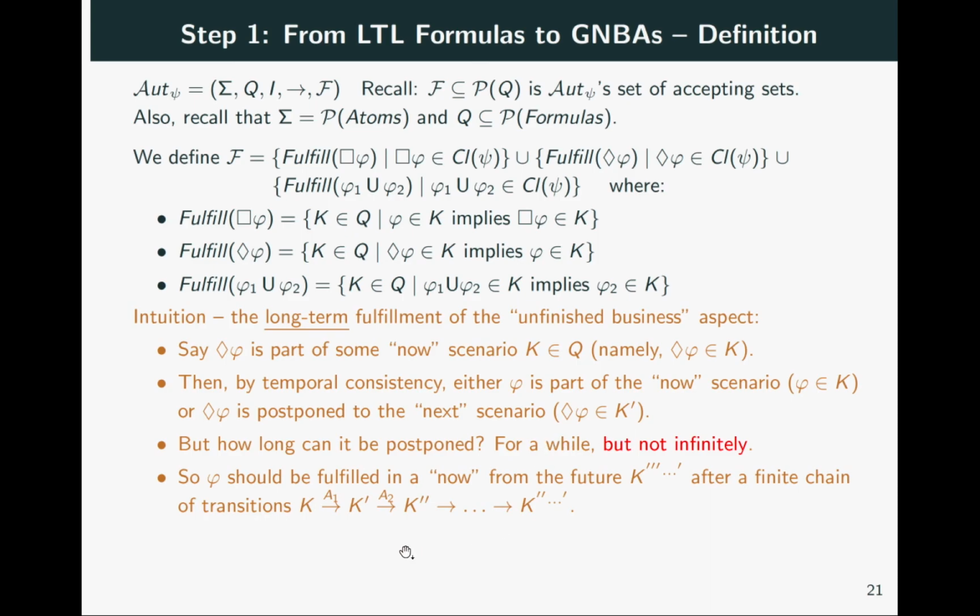Say we postpone from k to k prime, then from k prime to k double prime, but at some point, let's say here, phi must become true. This leads to the following accepting set behavior. Infinitely often on the sequence, eventually phi being in a scenario at the considered point in time should imply that phi itself is also in that scenario. So this explains the fulfillment of eventually phi.